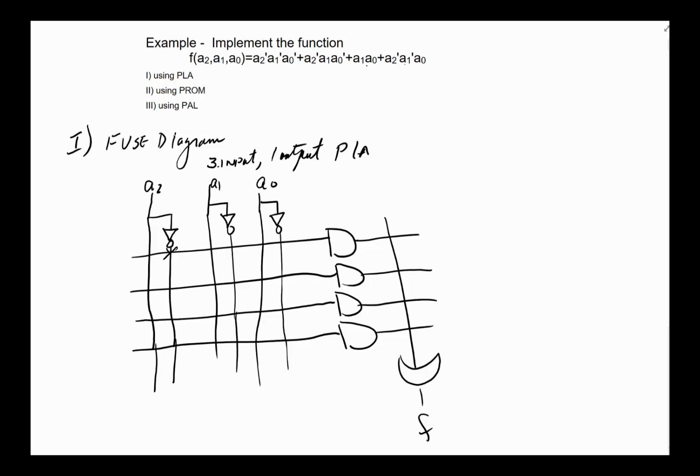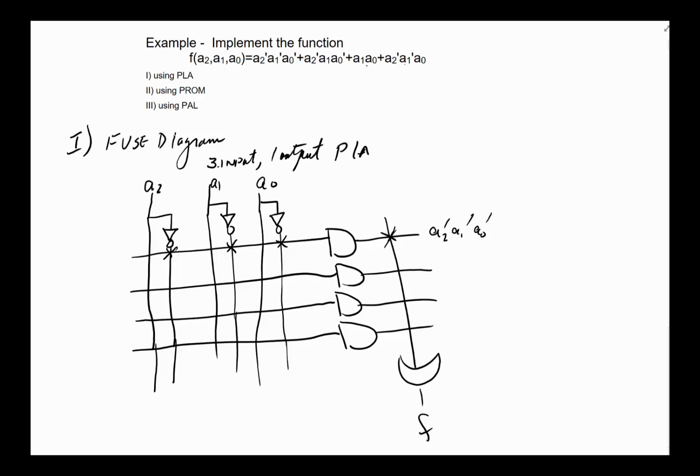So this term is giving me A2 naught, A1 naught, and A0 naught. Okay, and I'm going to use it to put into the OR.